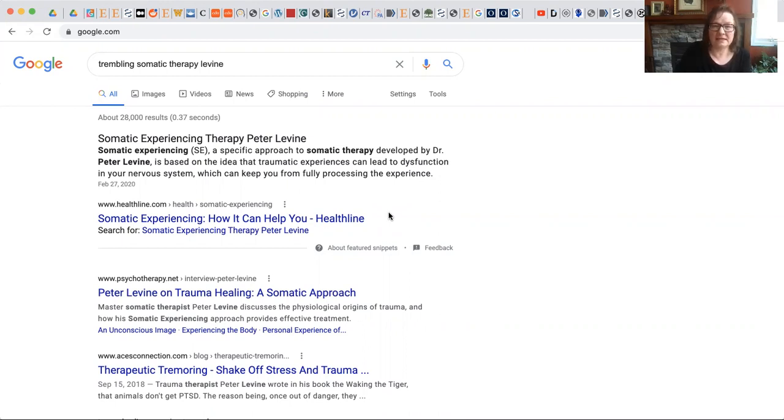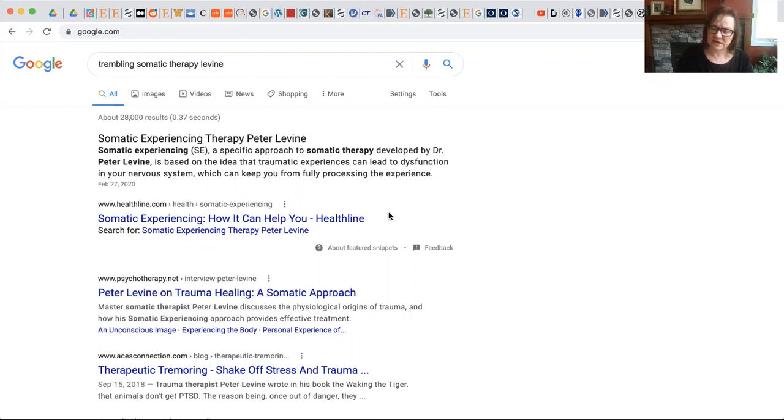But then let's say the lion is distracted by something or gets up and runs away for some reason. Then what happens to the zebra? The zebra doesn't have PTSD. And this is Peter Levine's point: the zebra doesn't have PTSD. What the zebra does is a lot of trembling, and then it jumps up and runs off, and it's fine. It doesn't have nightmares, etc.